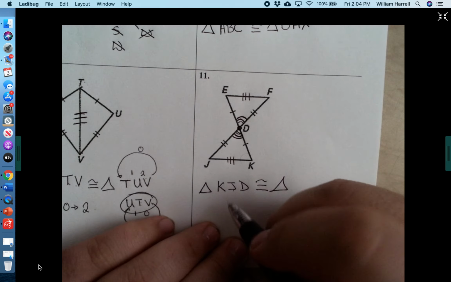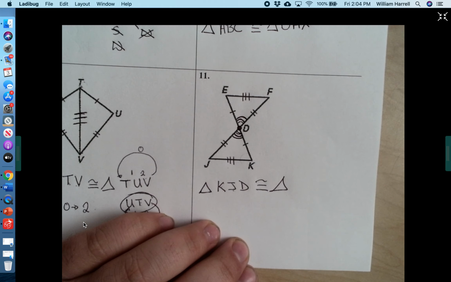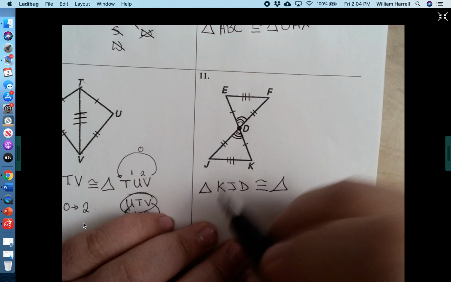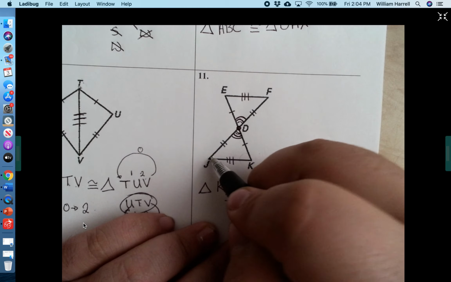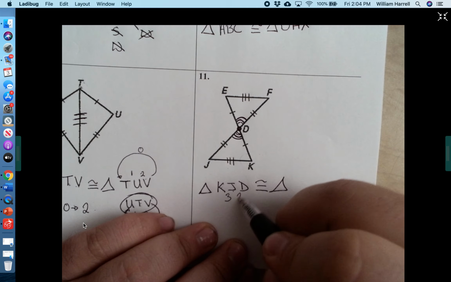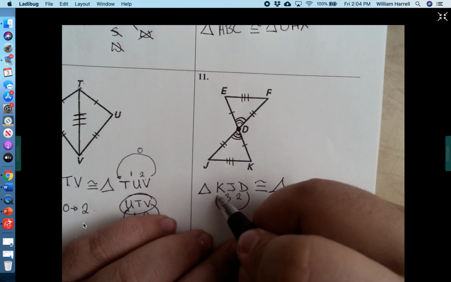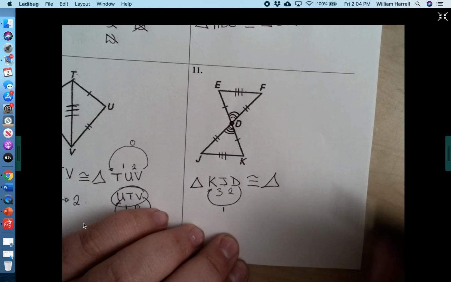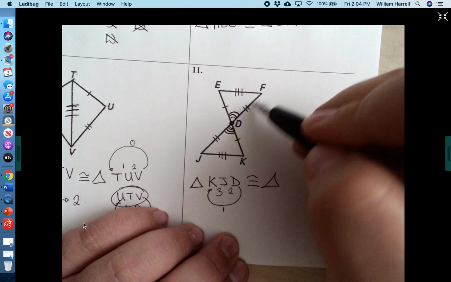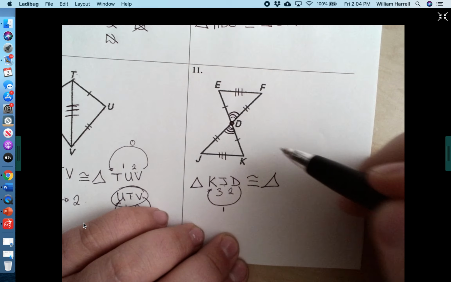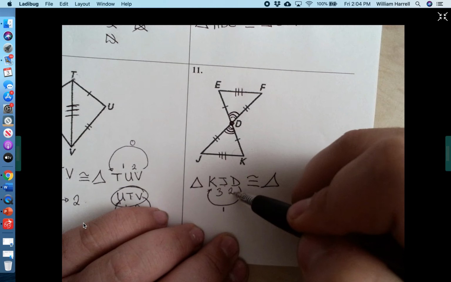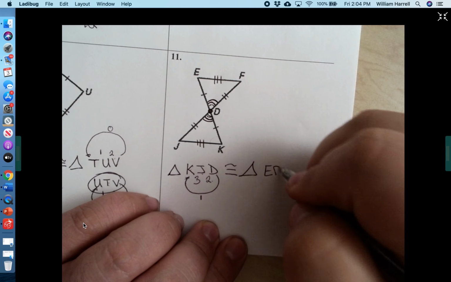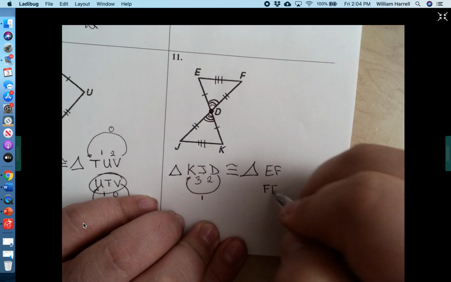So from K to J, I have 3. From J to D, I have 2. And then from D to K, I have 1. So, how can I go around this triangle so that I start with 3 marks, go to 2 marks, and finish up with 1? My only option is EF or FE.